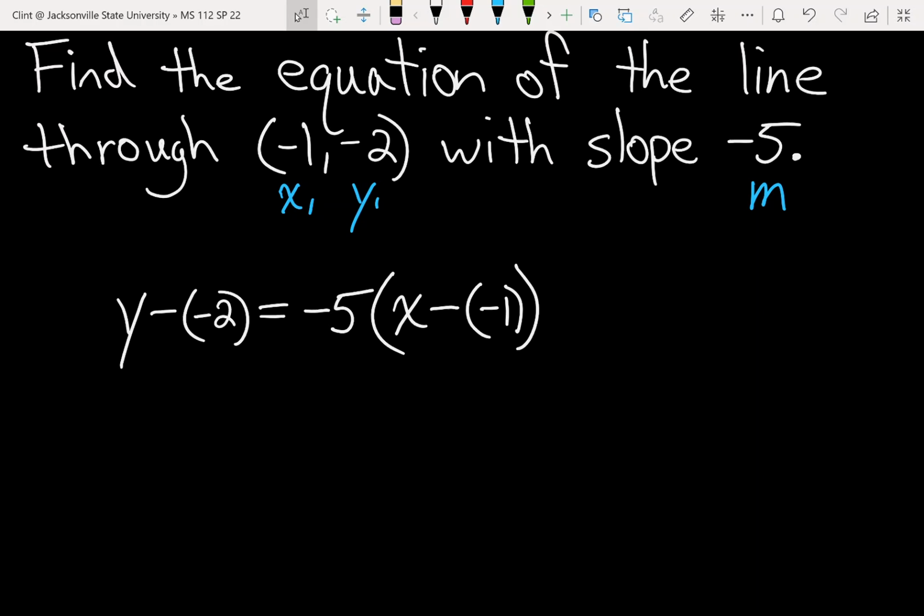WeBWorK would take this as our equation of the line, actually. Sometimes it's nice to solve it for y, because then we can tell what the y-intercept is, and maybe it makes it a little easier to graph. So if we wanted to solve it for y, I'll get rid of my double minus signs.